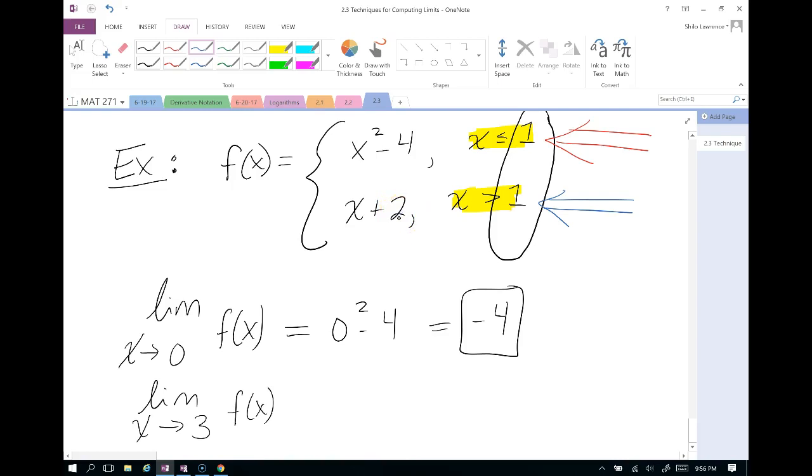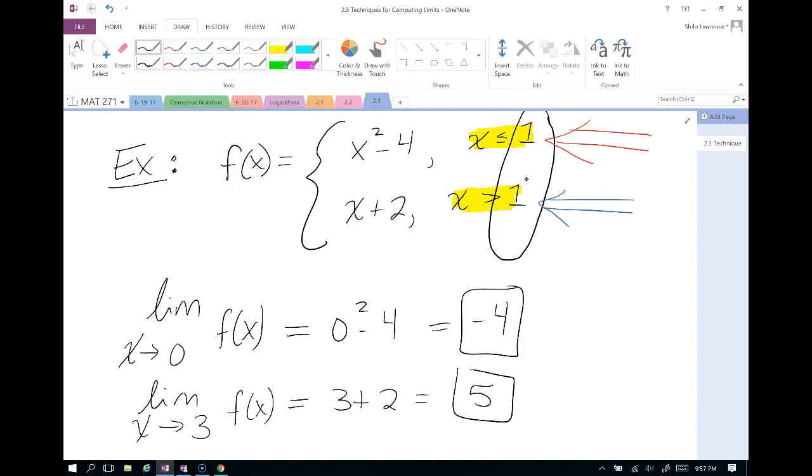So we can just plug 3 into x plus 2 and get the answer with direct substitution. As long as we're avoiding the x value of 1, we can do limits of piecewise functions with direct substitution. We just have to pick the correct piece.